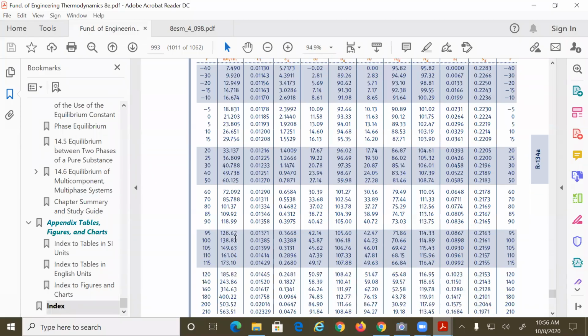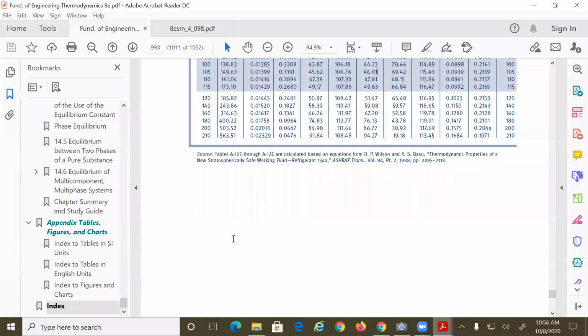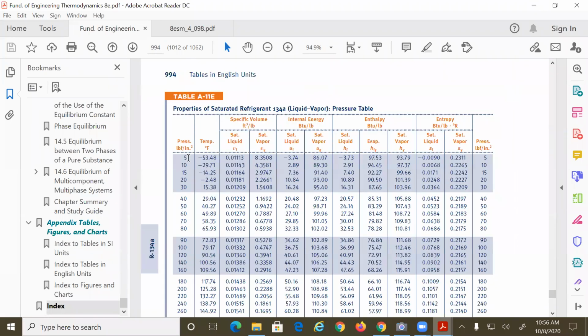Table A11. We need to see this one with pressure. So here we have the pressure. We know it's at 60, no? So if it's saturated vapor, H5 is going to be equal to H gas, which should be 108.72.